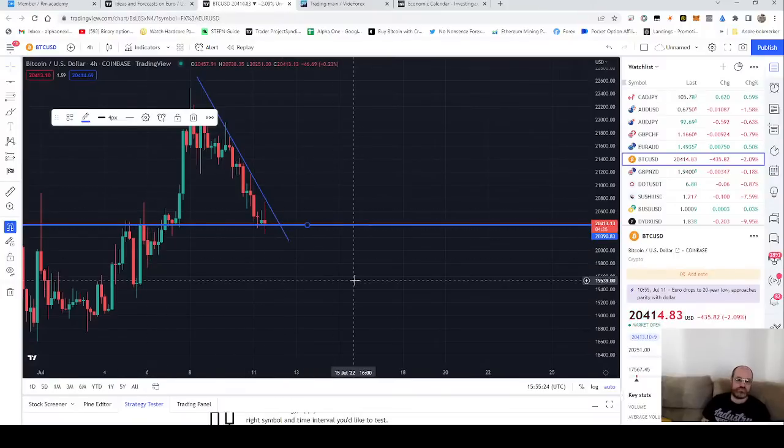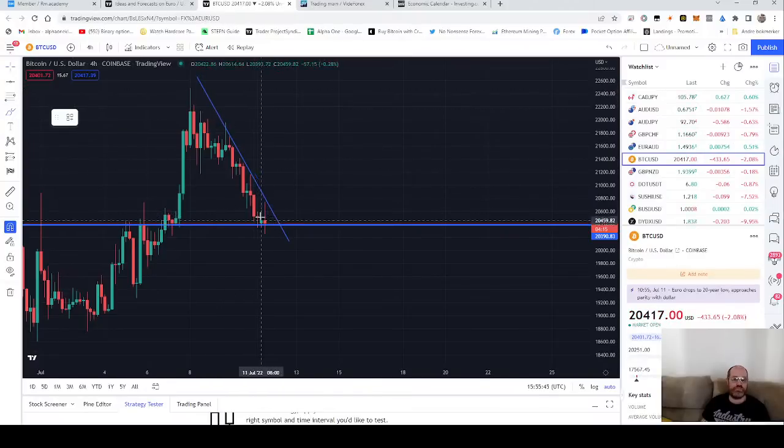So currently I will say, if you're looking at Bitcoin, if you're going to take a trade there, I would have been waiting to see if we break to the downside or to the upside. So if we break this trend line you see here, we can break on the side here. So we are looking for both ways.